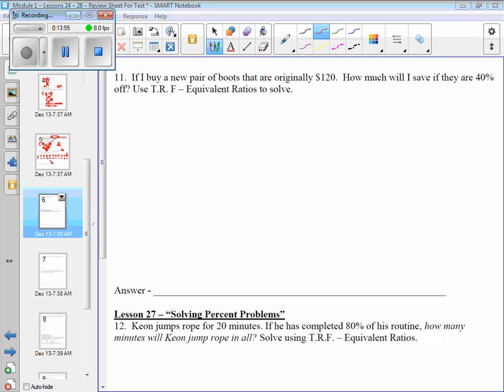Okay, here's number 11. Remember to scan the question, look for any percents. If you see a percent, you know you have an entire ratio that you could use in your template ratio find. We have a key number here, which happens to be the original, which is going to indicate to us that's the whole or bottom part of the ratio.